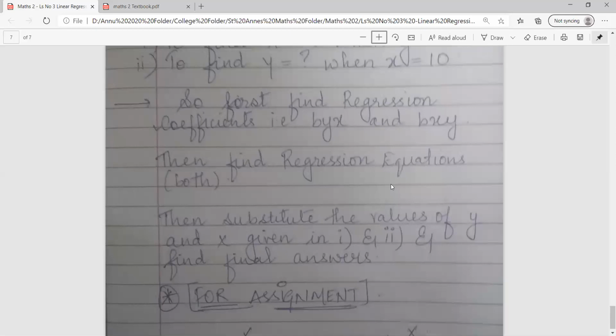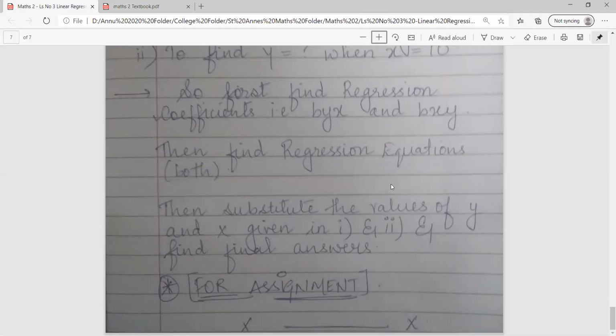For X on Y, X minus X bar is equal to Bxy into Y minus Y bar. Similarly, for Byx, Y minus Y bar is equal to Byx into X minus X bar. After getting both the equations in X and Y format, substitute the values which are given of X and Y in 1 and 2 respectively, and then you can find the final answers.